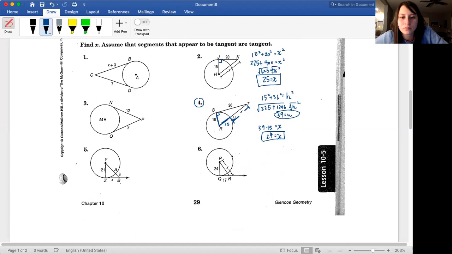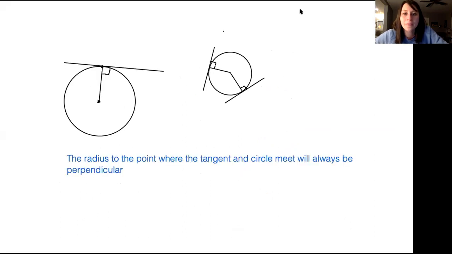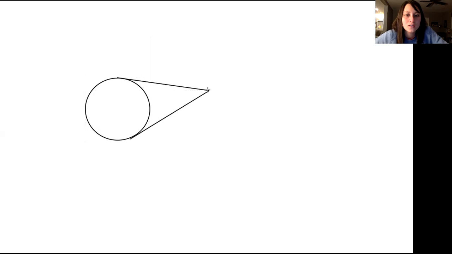Okay. We're going to leave these two for now because we'll come back to them. But I want to talk about another thing that we know to be true about tangents. If you got a circle and the circle has two tangents, but they intersect outside that circle, okay?